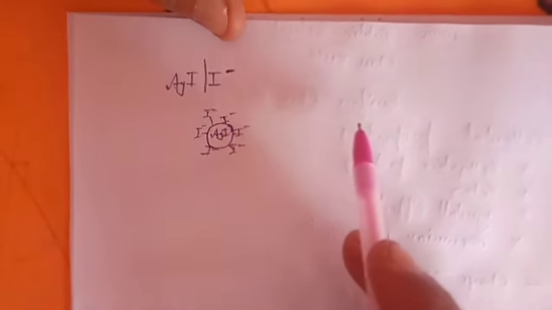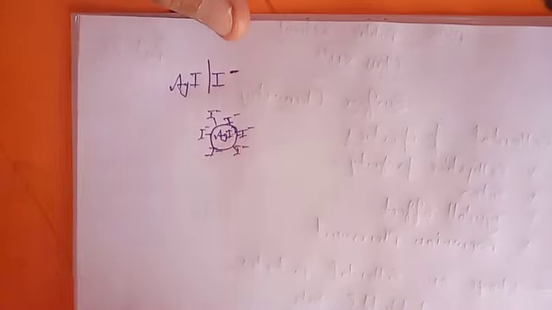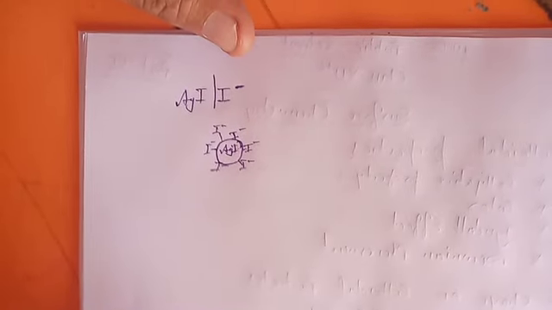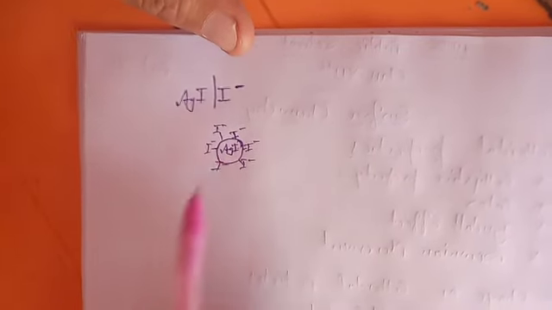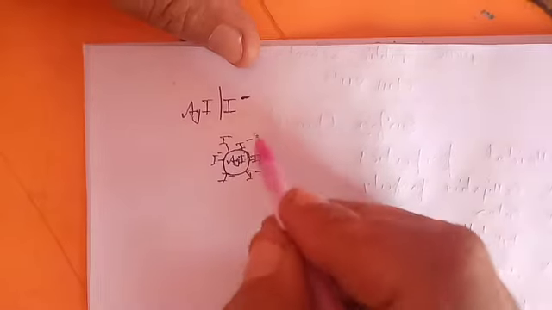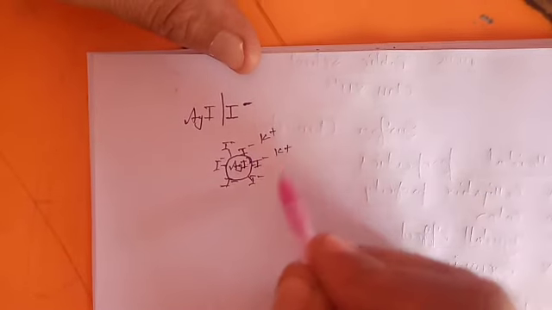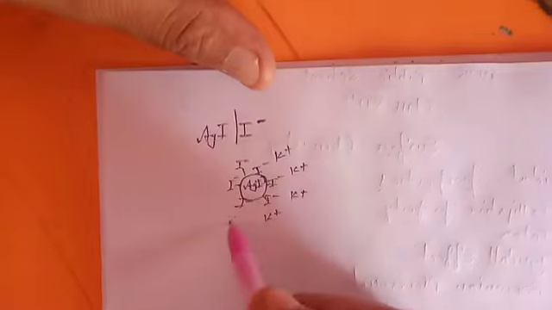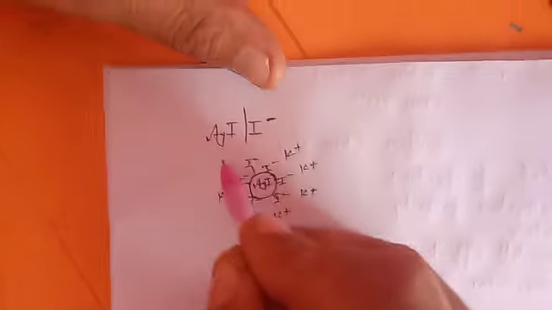Due to this, it will repel other dispersed phase particles, and that proves the reason for the stability of lyophobic sols. Now, due to this negative charge, positive ions also start migrating towards it and form a layer around it, of potassium.